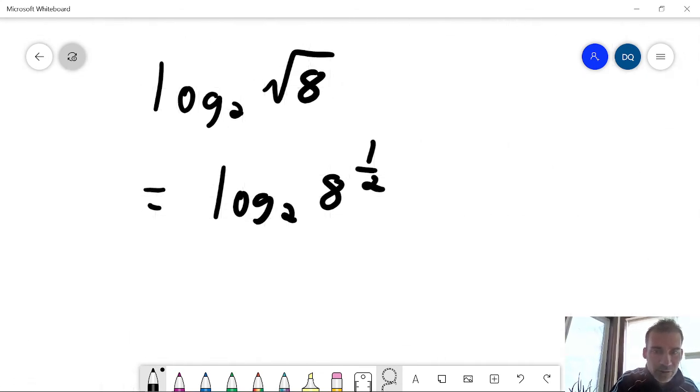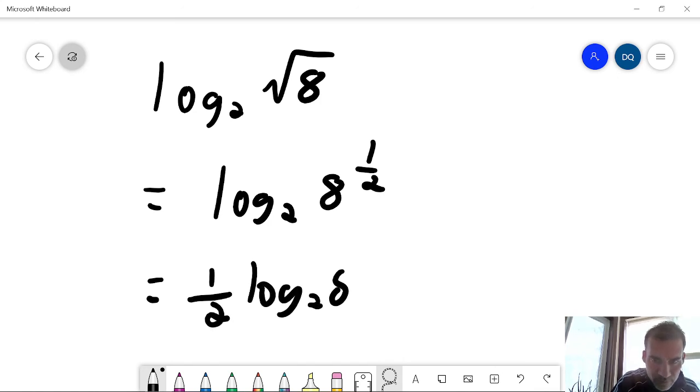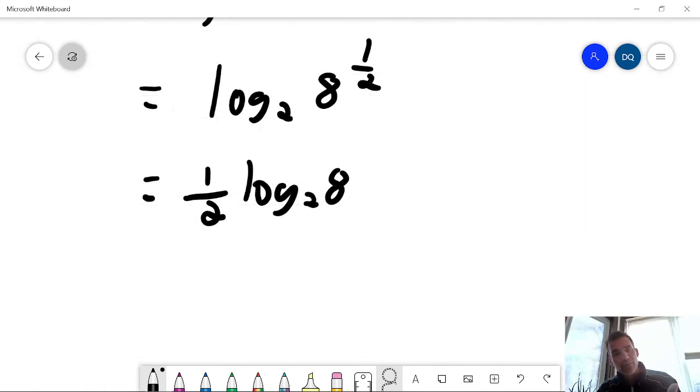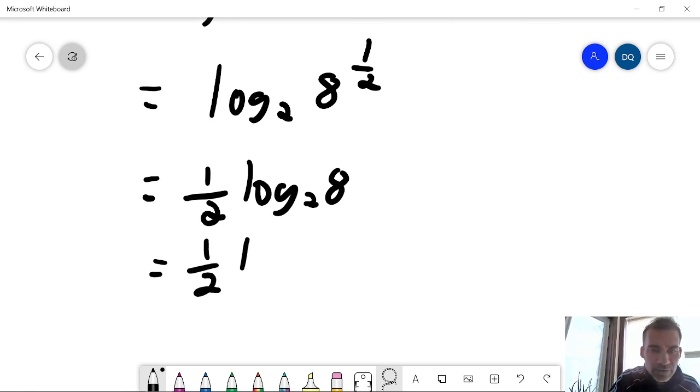Now using the power law, I get to bring that exponent down. The base 2 log of 8 is 3 because 2 times 2 times 2 is 8. That's 3 of them. So that is 1/2 times the base 2 log of 8.